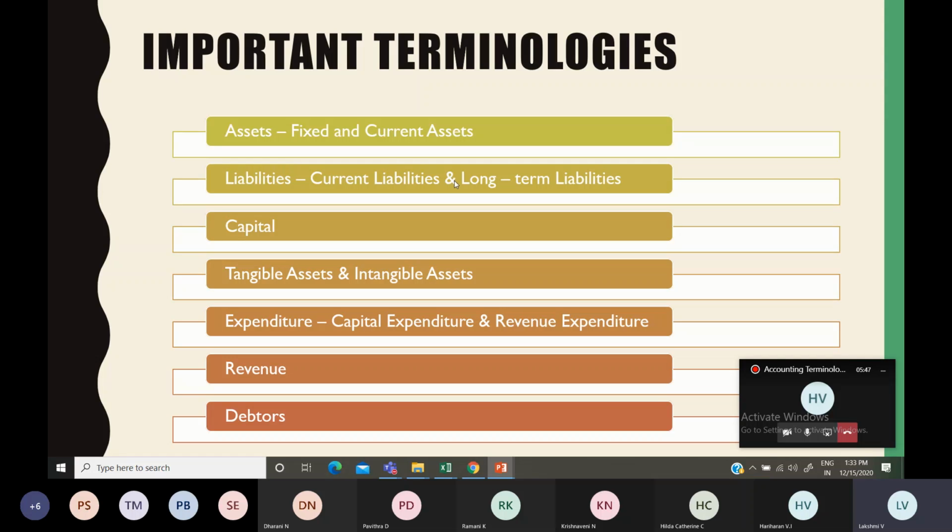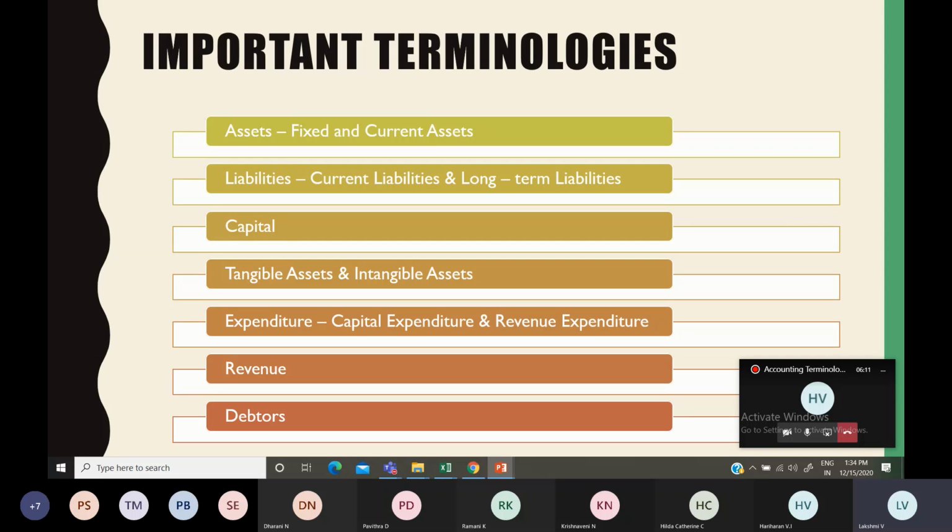If I want to sell those assets, it takes some time to convert them into cash. Such assets are known as fixed assets. Fixed assets can be plant and machinery, land and building, furniture; all those belong to fixed assets.